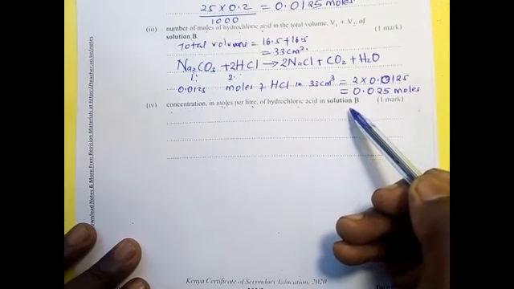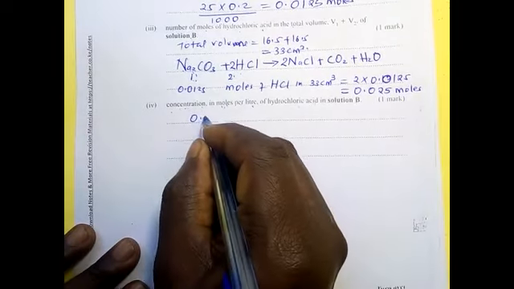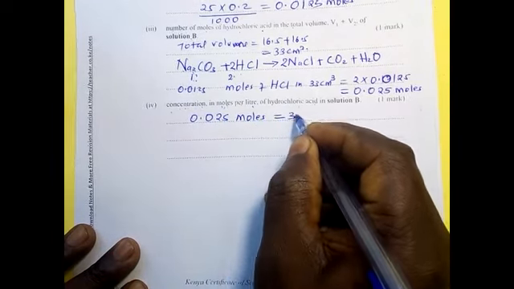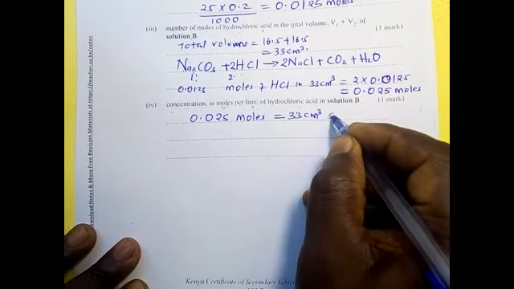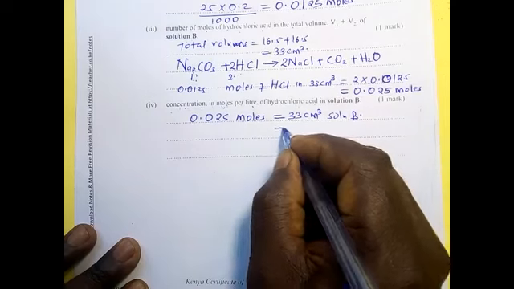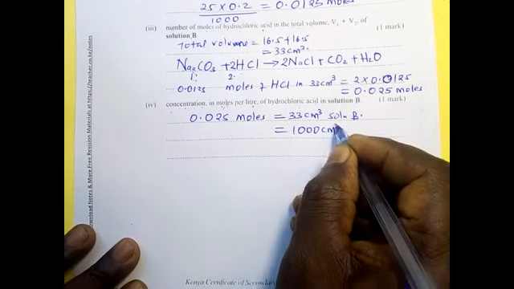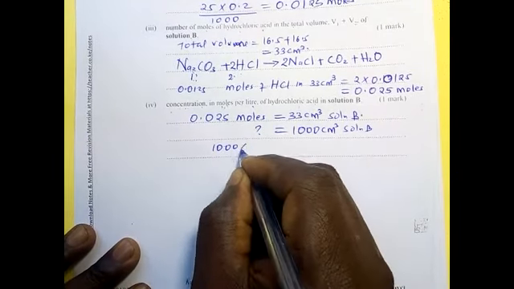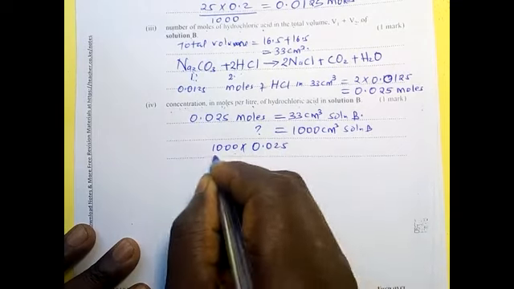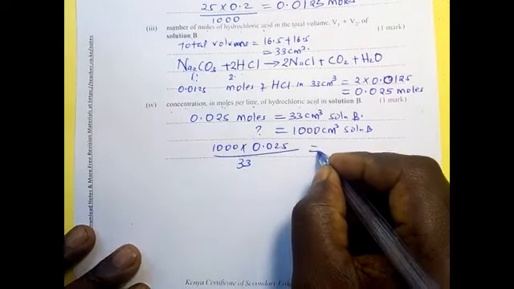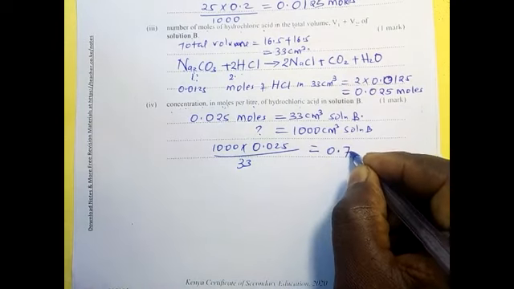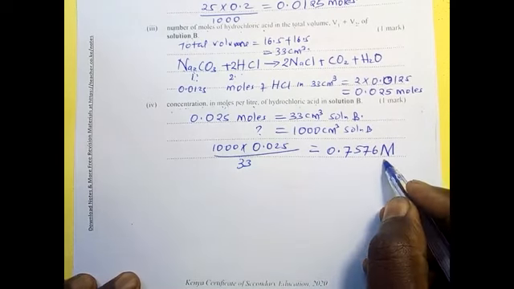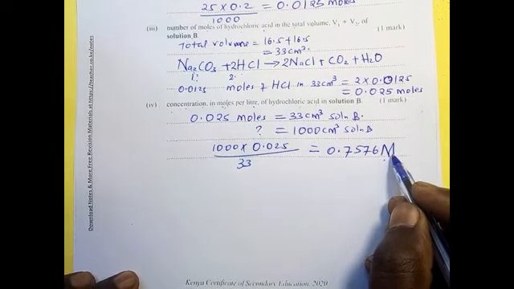Then what will 1000 contain? 0.025 is the number of moles contained in 33 centimeters cube of solution B. 1000 centimeters cube of solution B will contain how many moles? 1000 times 0.025 divided by 33. That one is going to give us 0.7576 capital M. Capital M stands for moles in 1 liter, molarity.